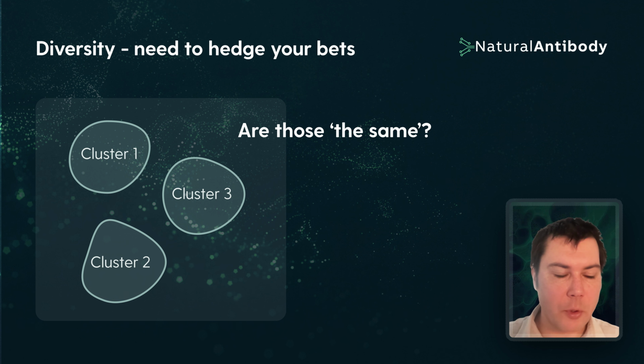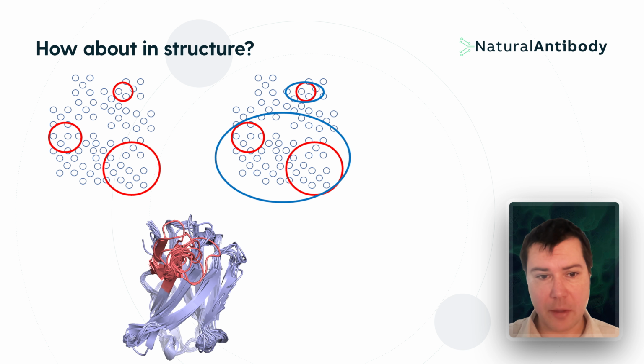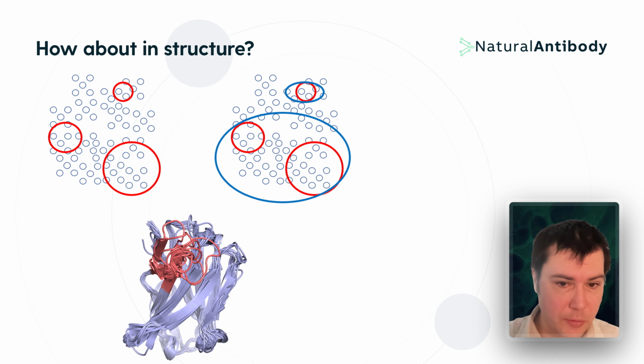One way of looking at the diversity problem, at least this helped me because it's structural, is literally looking at the crystal structures and predictions of those. Imagine on the left that the blue circles are antibodies and the red circles are the sequence clusters of those.